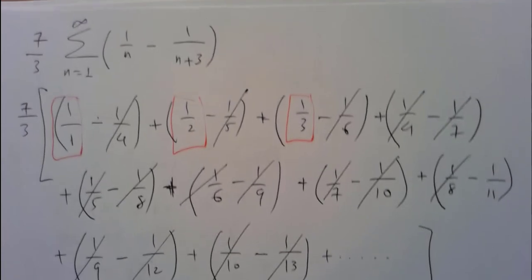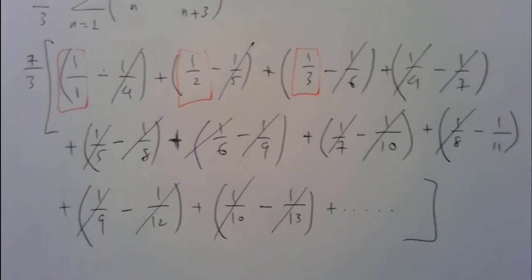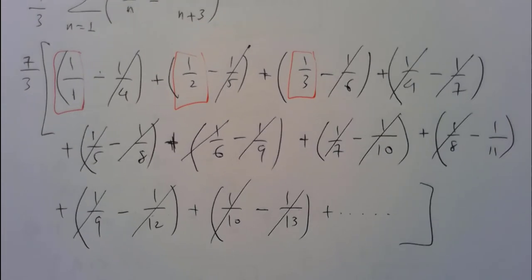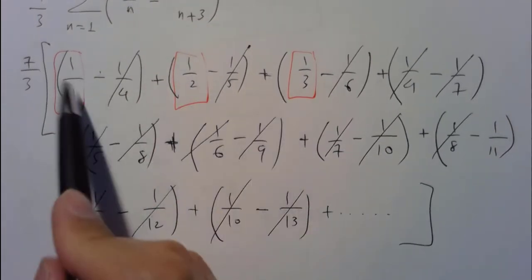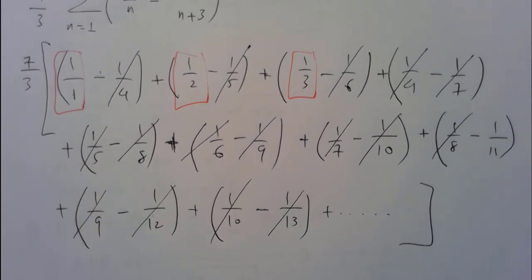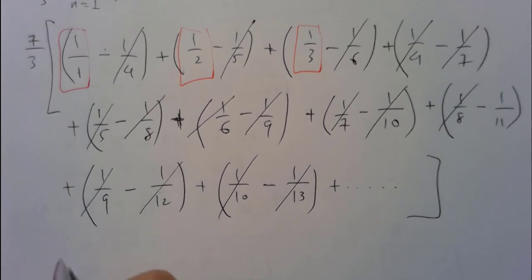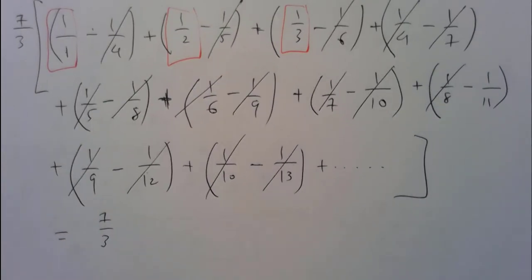Therefore, the sum of the whole series, at the end, is just that we take the sum of these three terms, 1, 2, 3, and we multiply with 7 over 3 outside to get the sum. Okay, so let's try. We have 7 over 3 outside, right? We keep that outside.